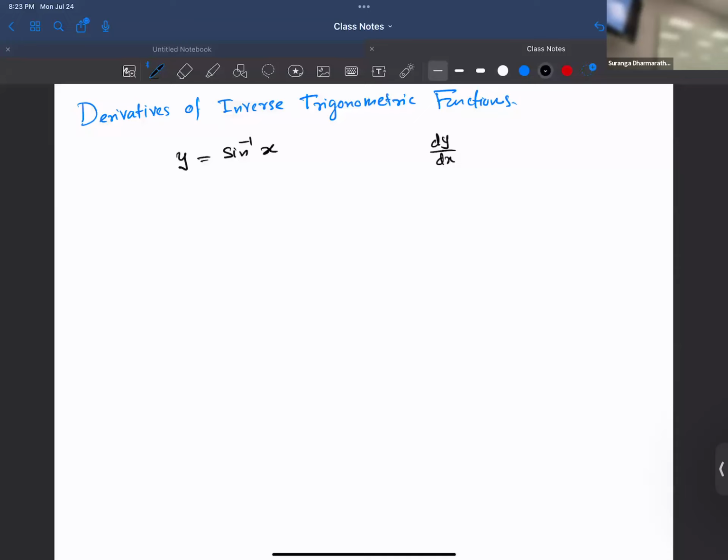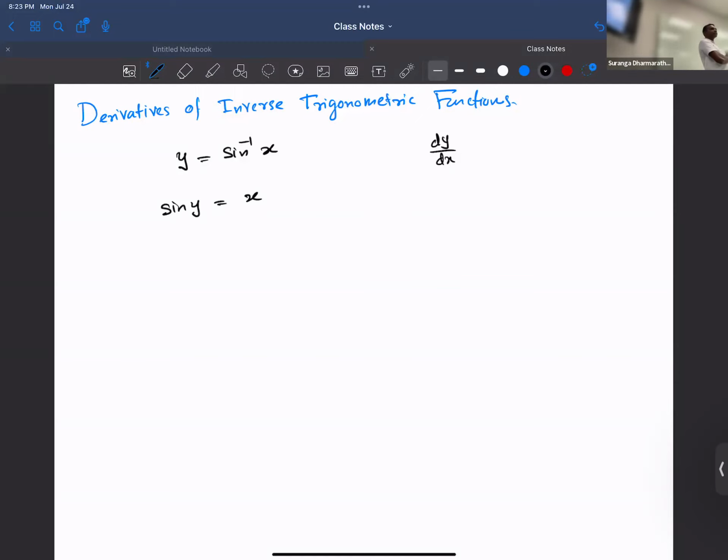If y equals sine inverse x, what is x equal to? Very good. x equals sine y, or I can write sine y equals x.